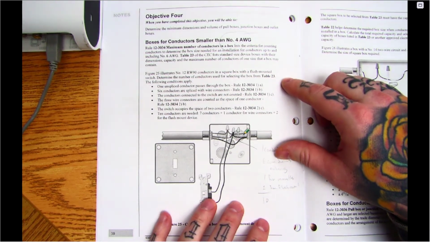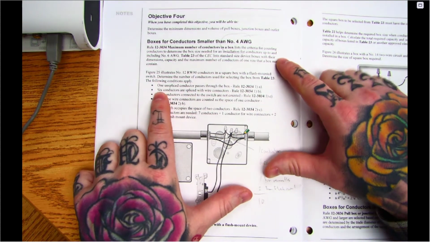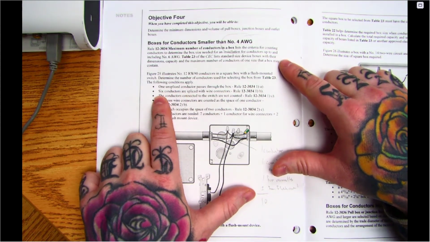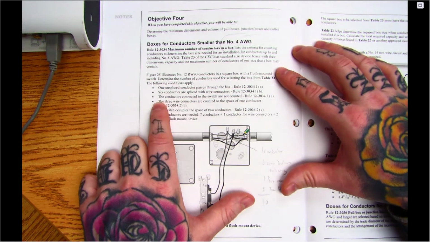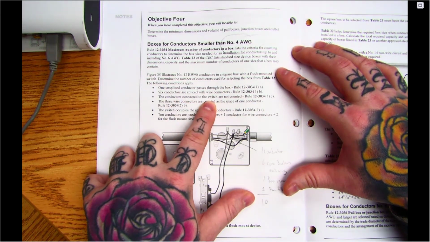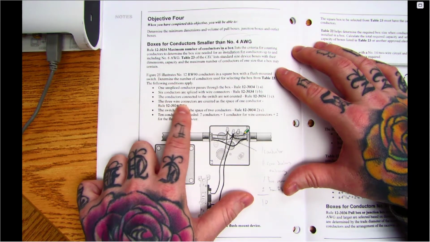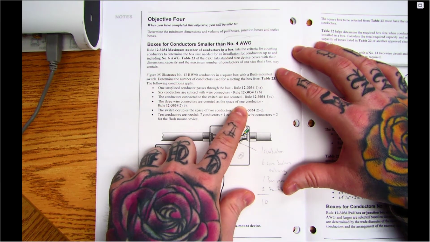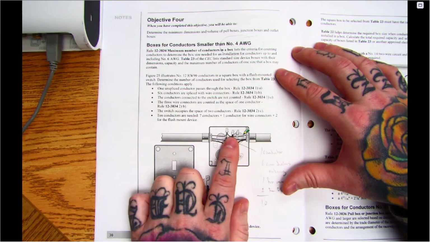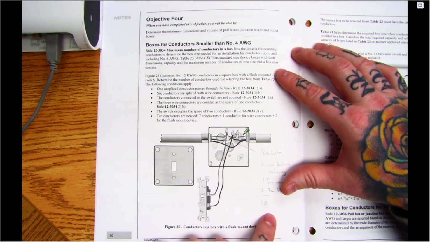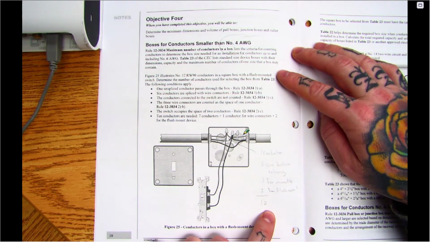We've got 1 conductor going through, 6 conductors that are spliced, so entering or leaving. Conductors to the switch are not counted. The wire connectors are counted as 1 conductor, and the switch is 2, based on these rules. So in total, we have 10 conductors that we need to count.